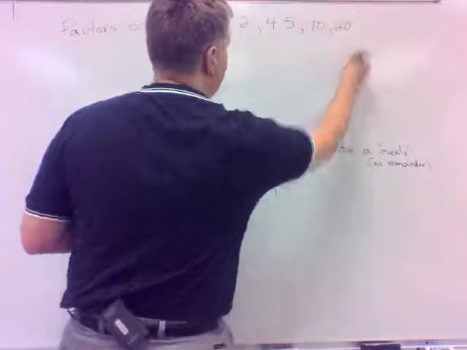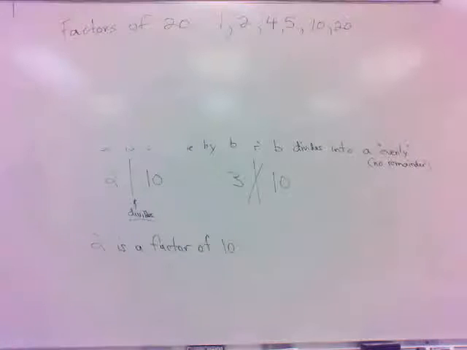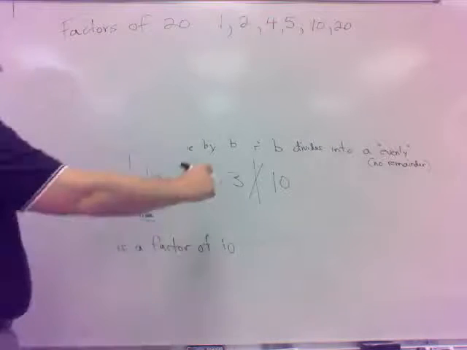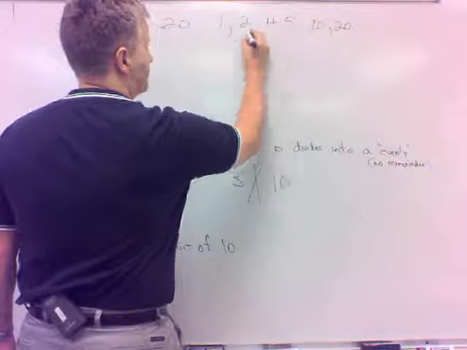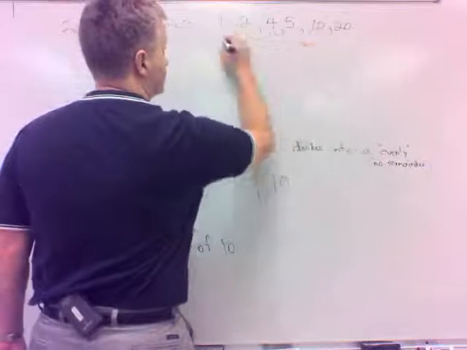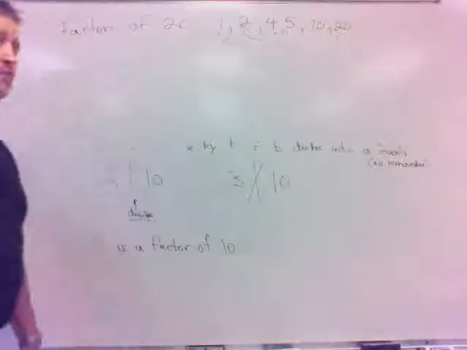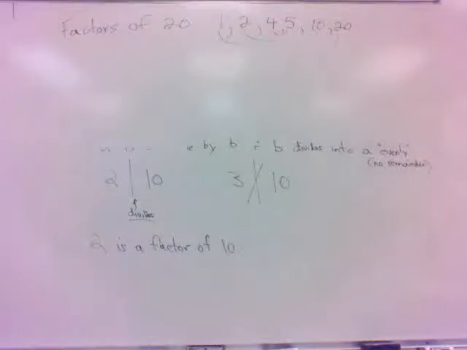All the rest of them, here's why I know that, because notice here 4 goes with 5, and then 2 with 10, and 1 with 20. That's how I made that list, and I'll talk a little more about it in just a second.